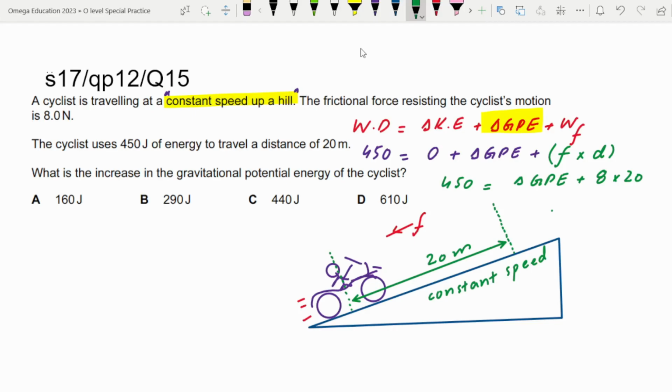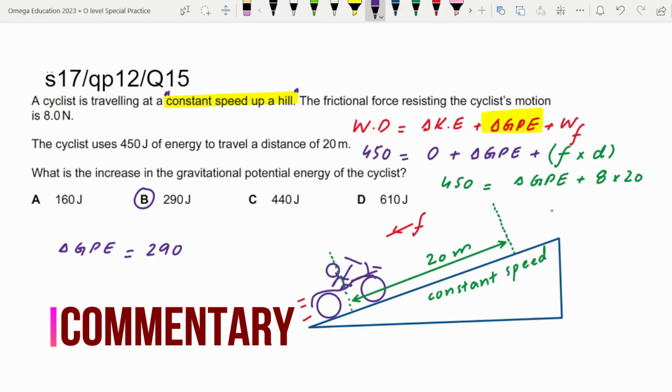So what do we get? 290. 290. So this is the answer for this one.